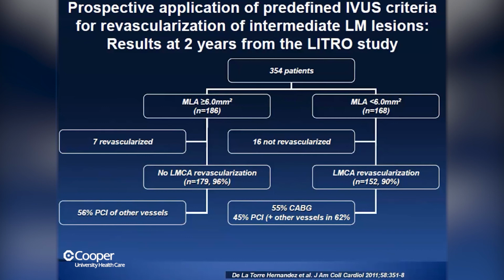That's the MLA, minimal luminal area, of 6 square millimeters. That 6 was not just picked out of a hat. It evolved over years and studies. Initial recommendations were 9 square millimeters, and then we went to 7, 8, and finally 6.